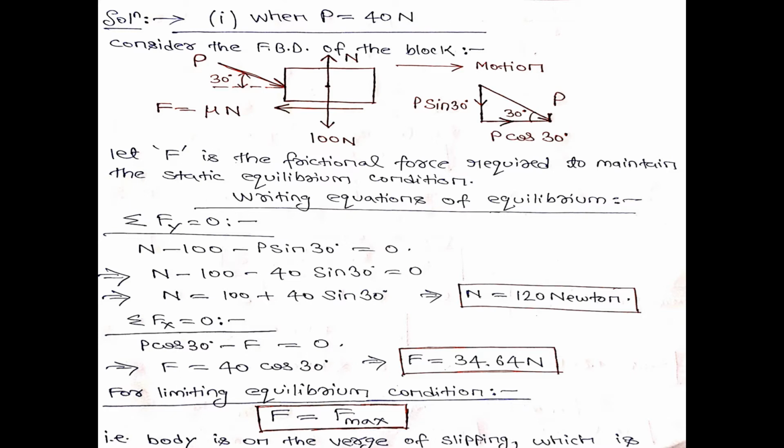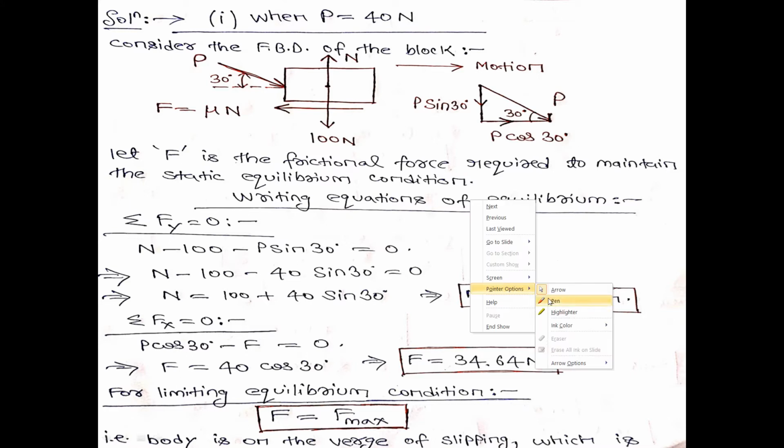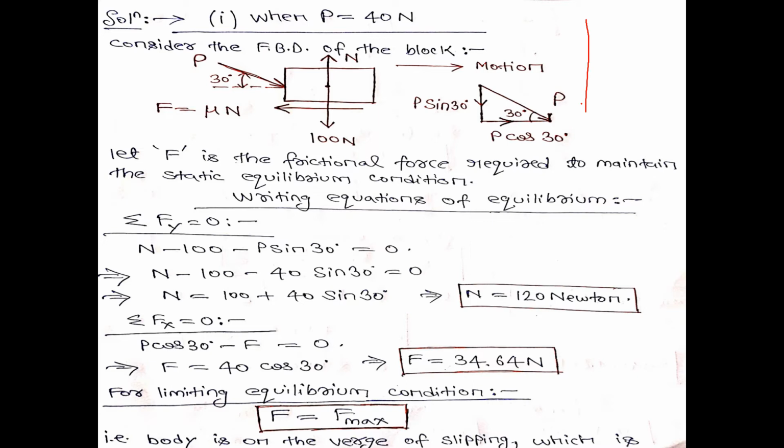Now, if you remember, when I was discussing the different types of friction, that is static friction, limiting friction, and dynamic friction, I drew one graph between frictional force F and applied force P on the body. That graph was somewhat like this.